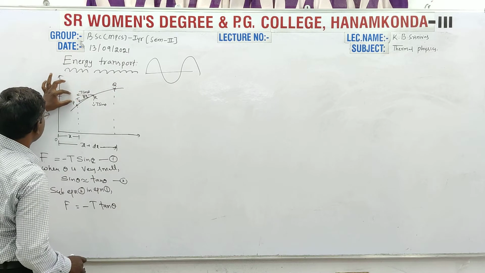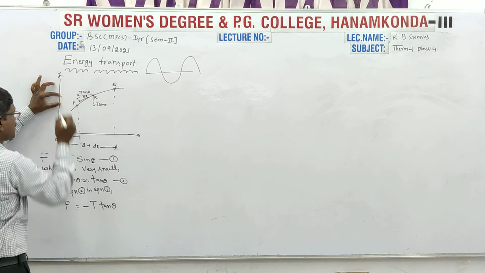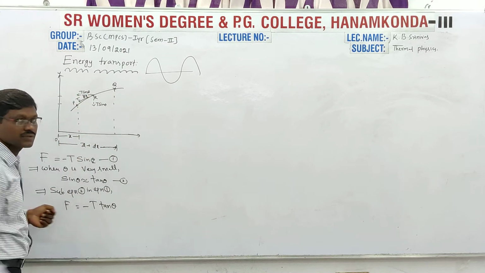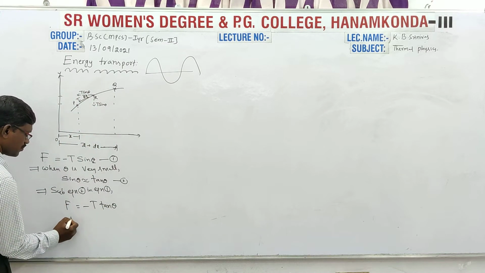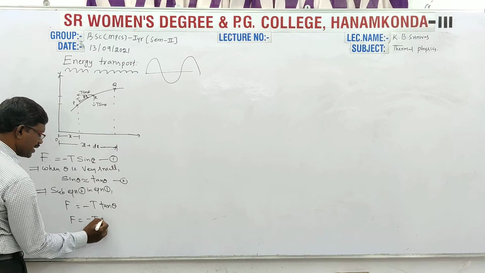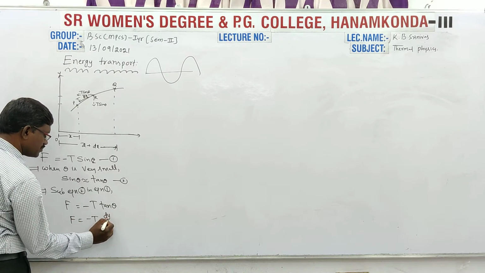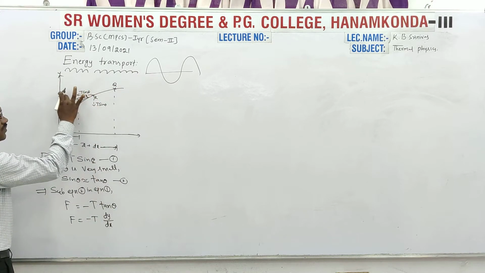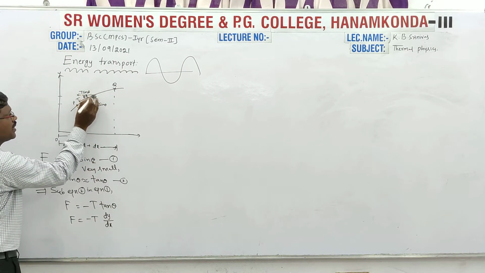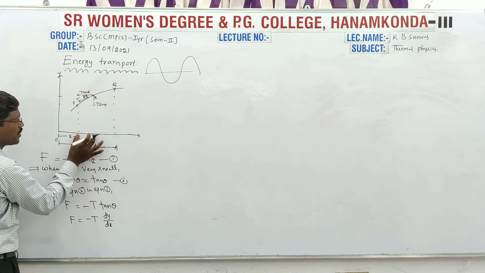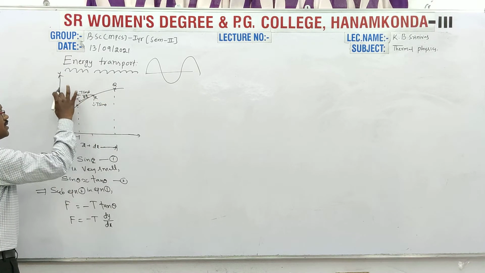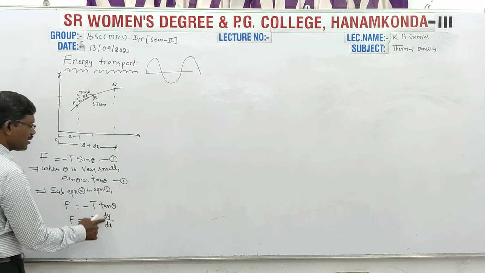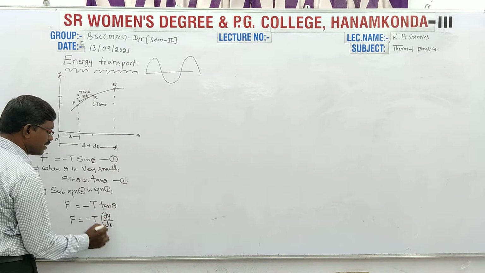The opposite side represents the y axis, and the adjacent side represents the x axis. So from the figure, tan theta can be written as dy by dx. Let this be dx, this be dy. Clear? Right. Tan theta, I am writing as dy by dx.